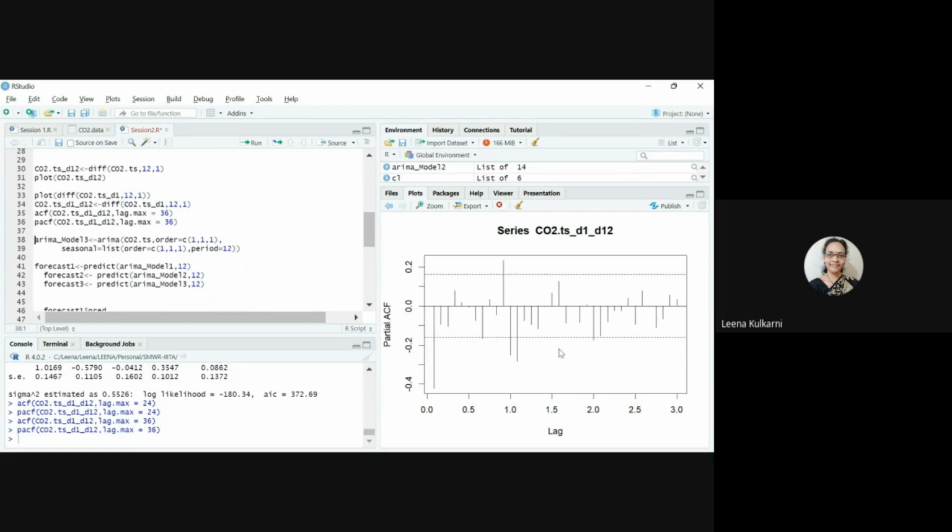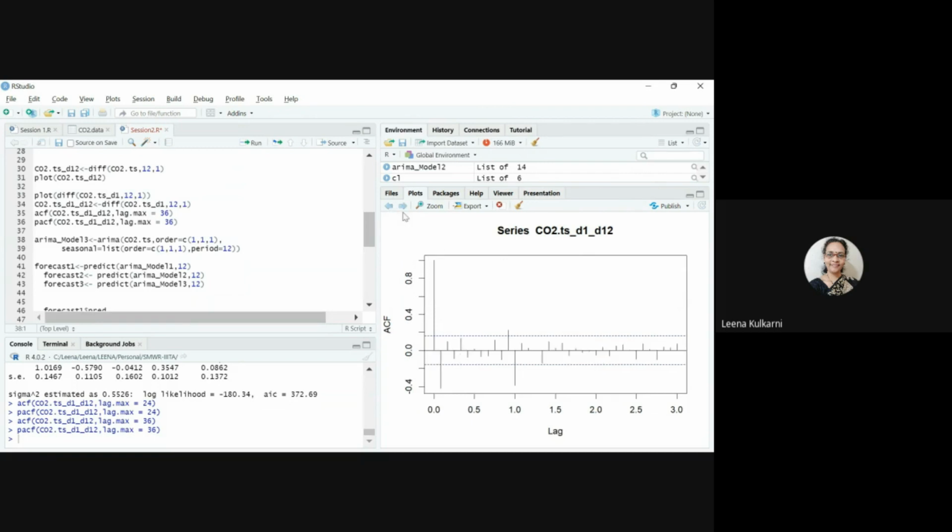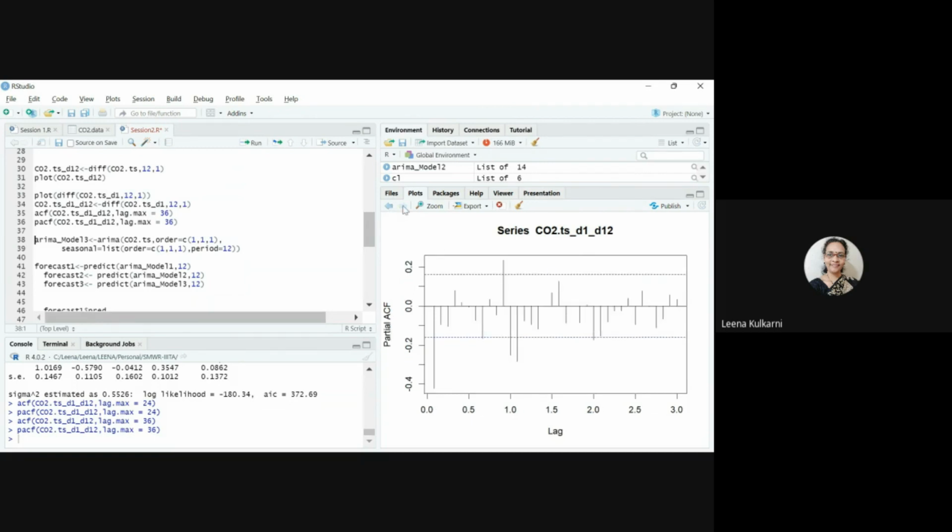And there are significant spikes available. The number of spikes available in PACF, we'll talk about the order of P and P dash, and the number of spikes available in ACF, we'll talk about the value of Q and Q dash. Here we can see there is a significant spike at 1.